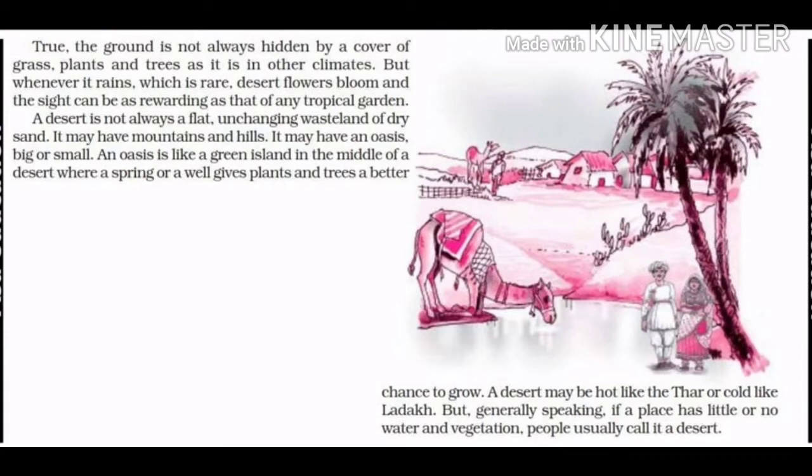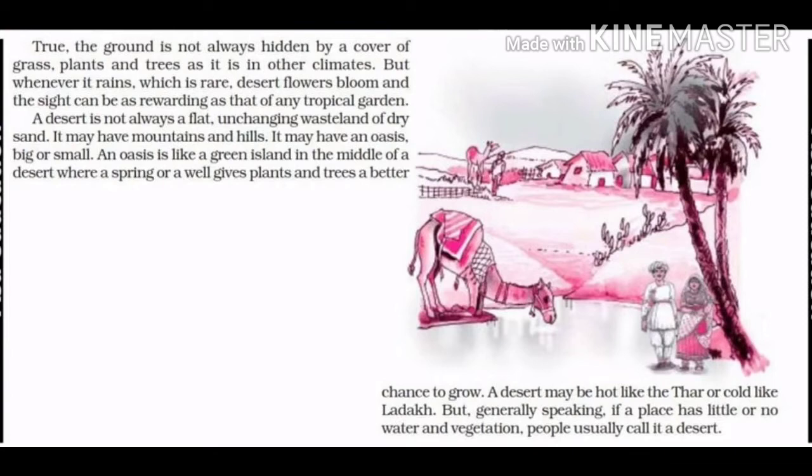There are so many plants, and Ladakh is also filled with so many mountain ranges. You also have the upper Indus Valley in Ladakh. Ladakh is situated in Kashmir. So, children, the narrator of the lesson says that a desert may be hot like the Thar or cold like Ladakh.